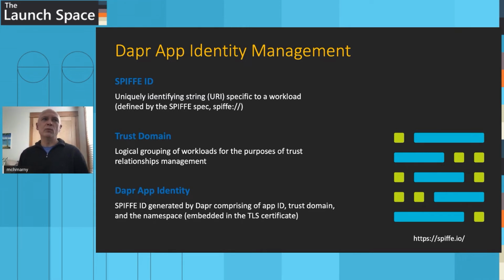What that means is that we have that SPIFFE identity as a unique identifier for the application, combined with the trust domain within which that ID was defined. And Dapr uses that identity to identify the applications, both the caller as well as the invocation policy for when that application is being called.